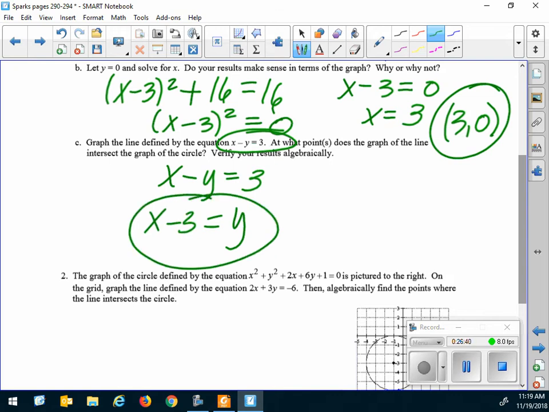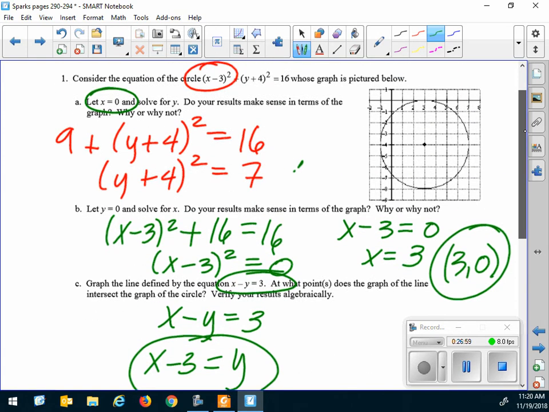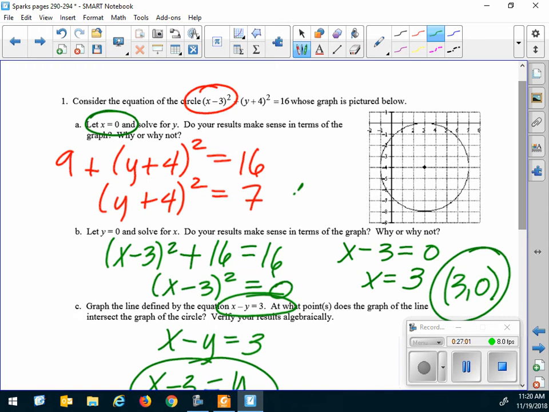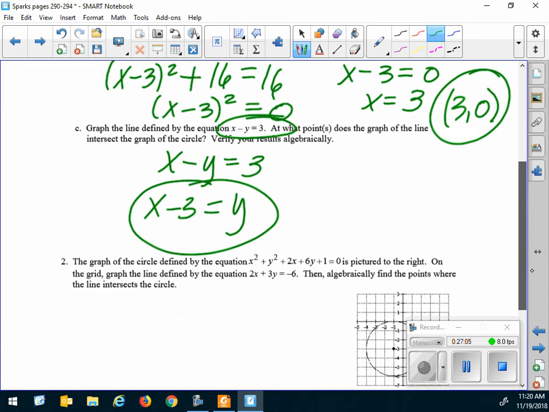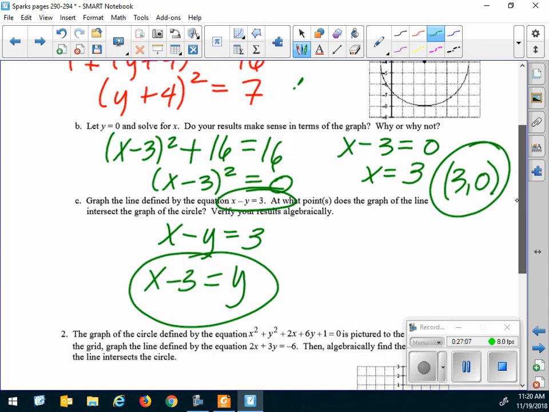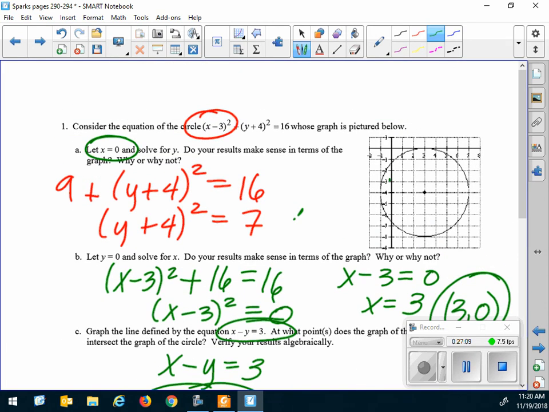I added y to both sides and subtracted 3. Oh, that's linear. Y-intercept. Slope. Y-intercept -3, slope 1. Y-intercept -3. Slope 1.